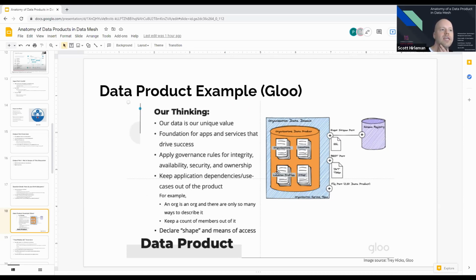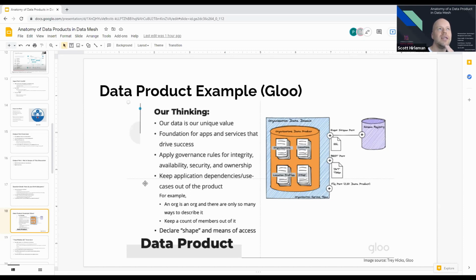They've got their thinking around this as well, and I'm still trying to grok exactly this: keep the application dependencies and use cases out of the product. I think that's what we talked about, single use versus multi-purpose.